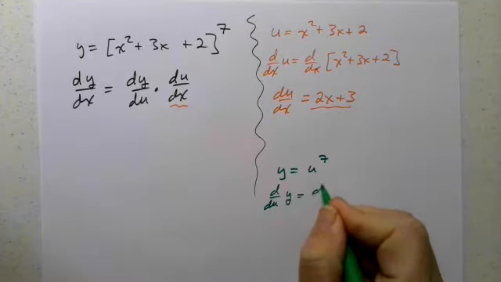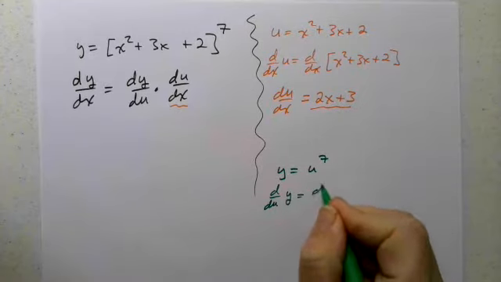Certainly negative 1/2 times 2x becomes negative 1 times x, so we get negative x. So my next line is dy dx is negative x times u to the negative 3/2. But let's make that a little prettier.